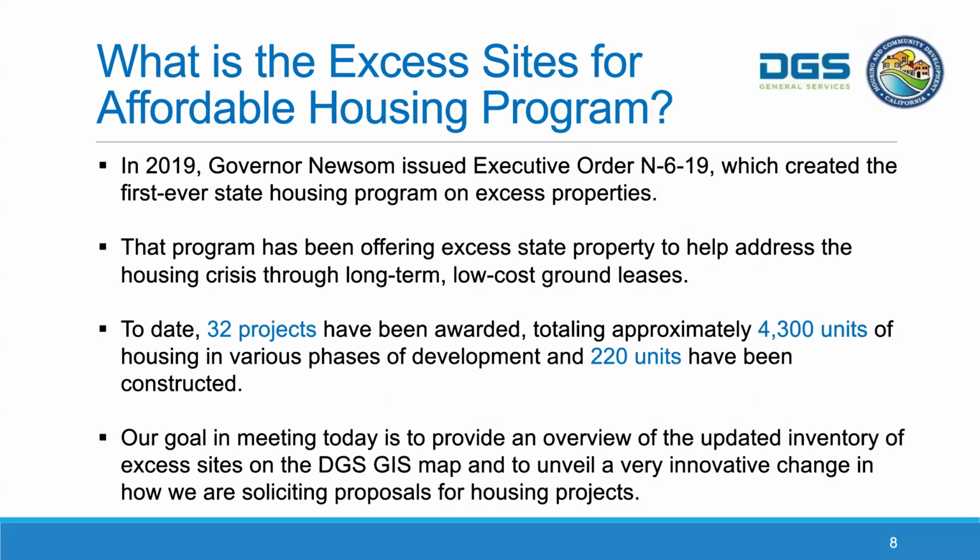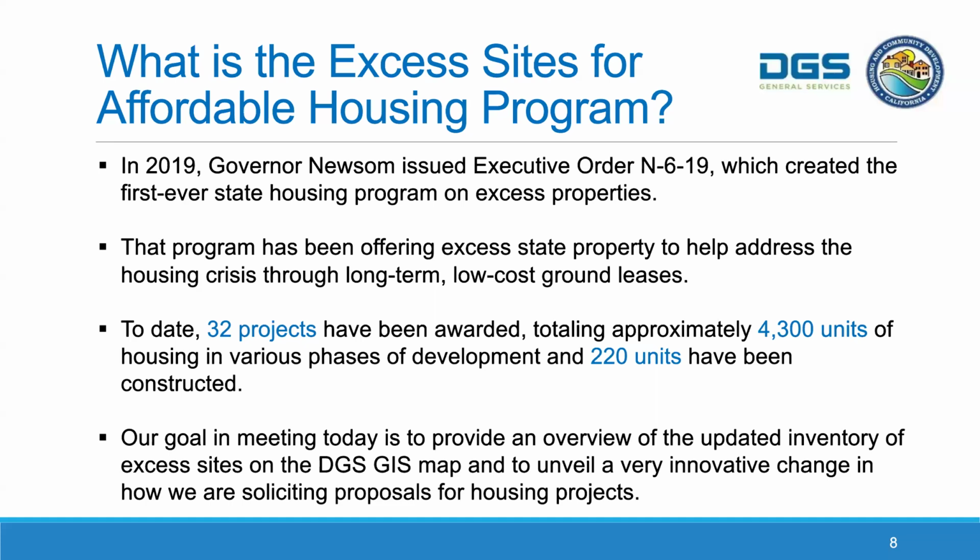Yeah, let's start with some context around the Excess Sites program. So in 2019, Governor Newsom issued Executive Order N-06-19, making the first time California created a formal program dedicated to offering excess state land for housing.